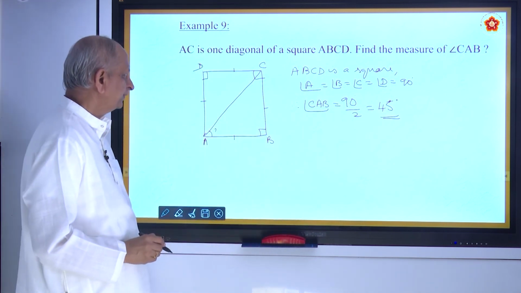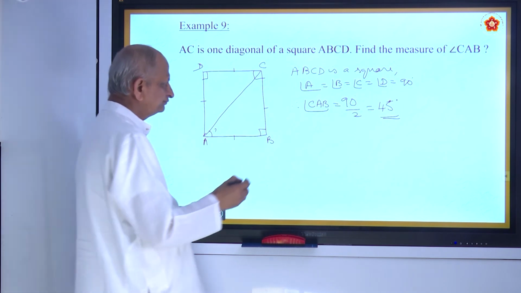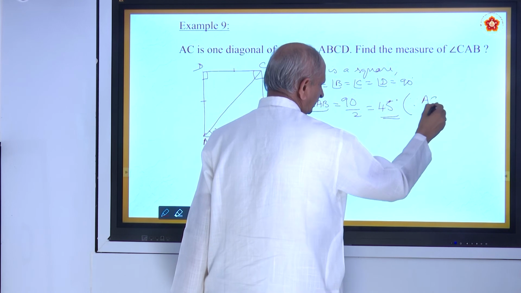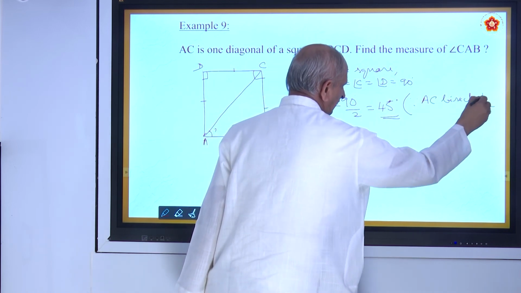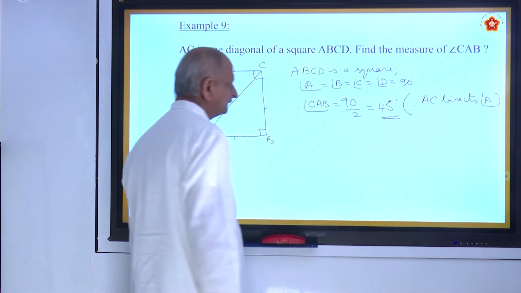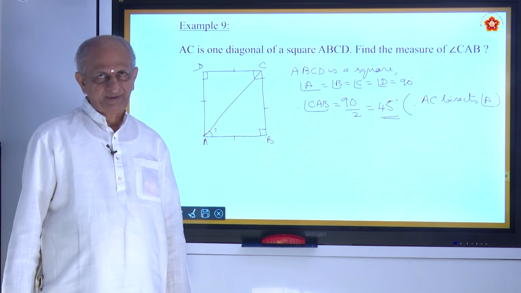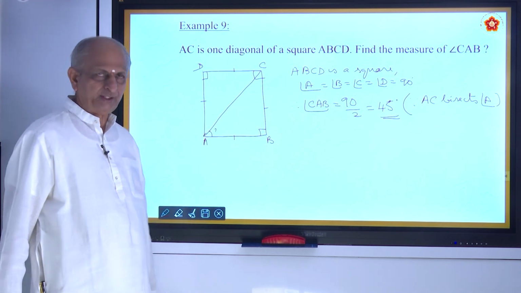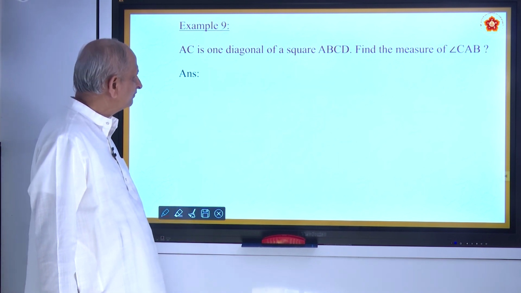Because AC is the bisector of the angle A. You can write diagonal AC bisects angle A. So that becomes 45. So this also is 45. Totally it becomes 90. Noted? Very happy. Shall we move on to the next sum?